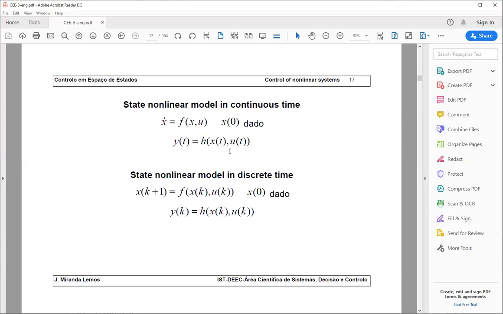Then you have an output equation, which in general can be a nonlinear function of x and u. And in discrete time, you can also have a similar equation. Now, x of k plus 1, where k is the discrete time, is f of the previous state and the previous input, and y is an instantaneous function, a static function of x of k and u of k.